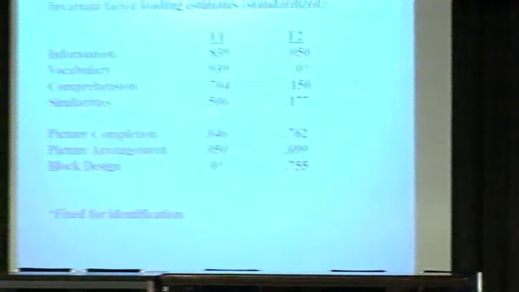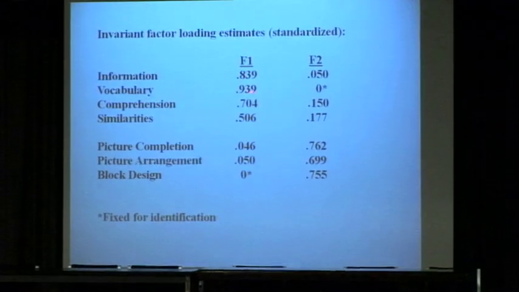Here are the factor loadings as they came out in the last model, and they are invariant, so there's no group difference. You can see that these four are primarily loading on factor 1.